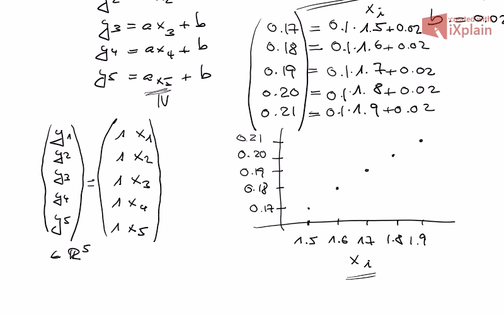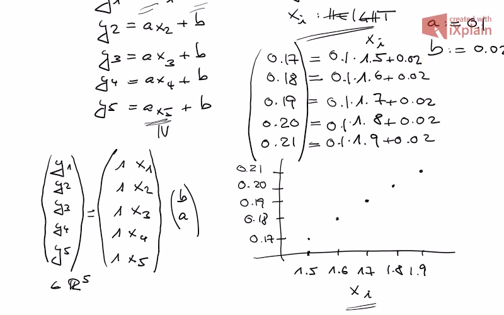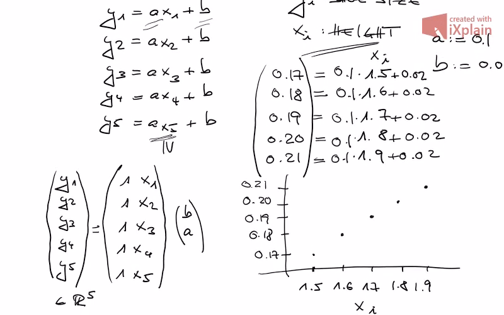And I just put the b, a a little bit to the left. b, a. If you now compute the matrix product, you get exactly the equations above. Because if you compute the matrix product, you need to take the row and multiply it with the column. So you have 1 times b, that's b, and you have to add to it x1 times a, that's a times x1. So you actually reproduce this equation by doing the matrix product of this with this.